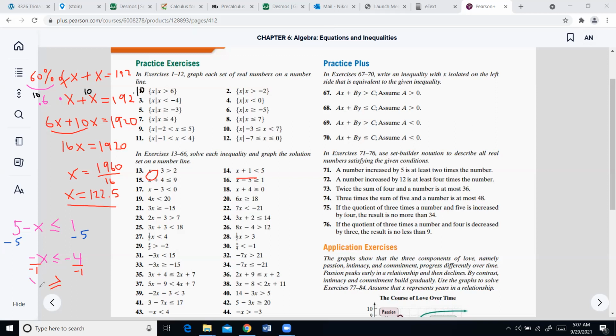So x will be greater than or equal to 4. So we flip the inequality sign. And that's a really important little rule that we observed in this section. Instead of pointing to x, now it points to 4.